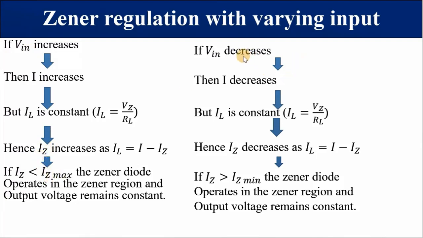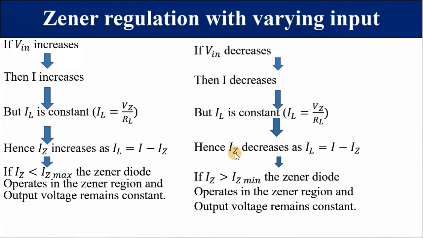What happens if our input voltage decreases? This can happen if the voltage from the power utility decreases. So what is the effect? It means that the supply current is going to decrease, but we want to maintain our output voltage a constant. So how is the decrease in I going to be dealt with by the voltage regulator, which is a Zener diode?